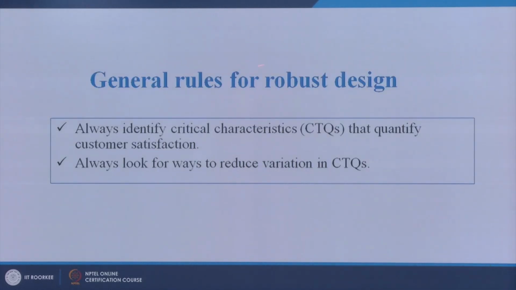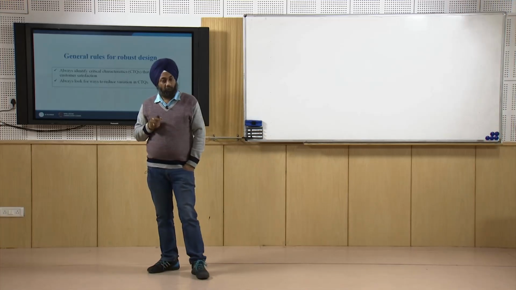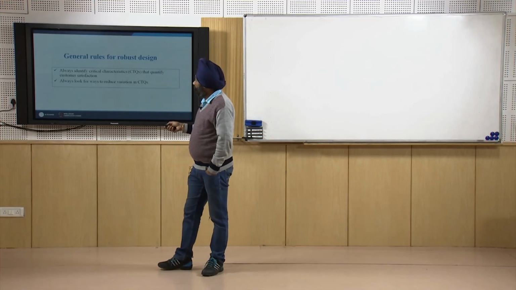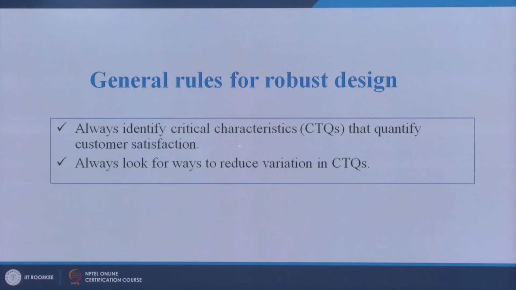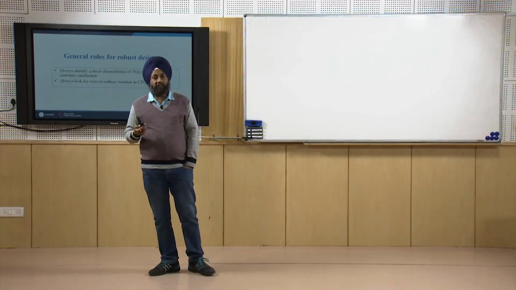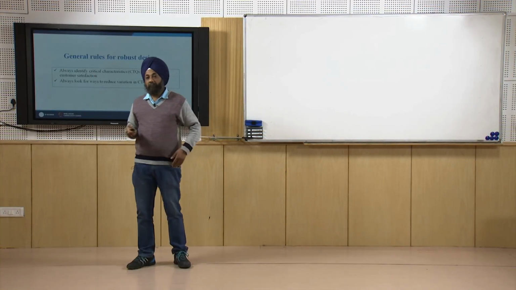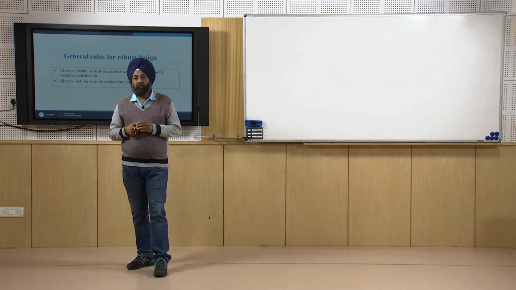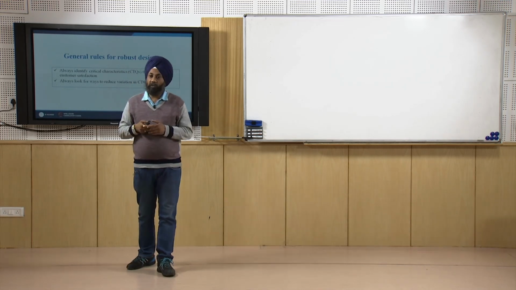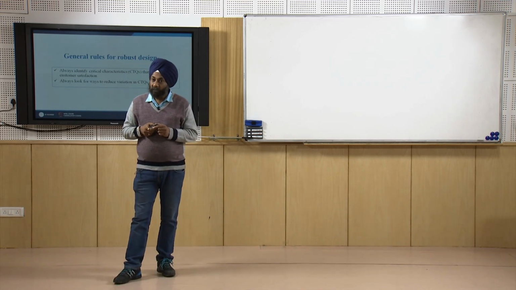Now, general rules for a robust design: how can we ensure that the product will perform in a robust manner? Let us see. Always identify critical characteristics that quantify customer satisfaction. Let us take an example of a shoe. What can be the customer requirements from a shoe? First thing is it should be comfortable to wear.